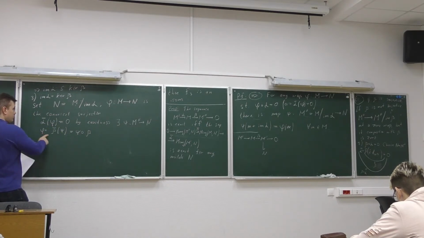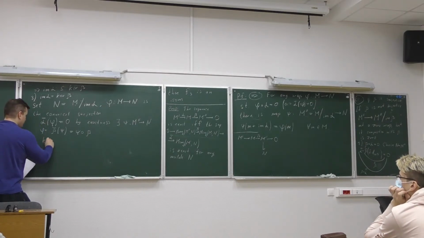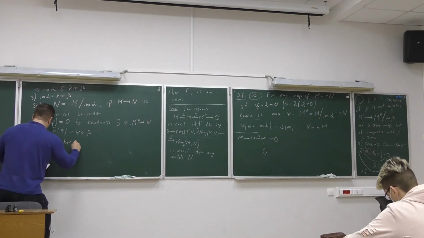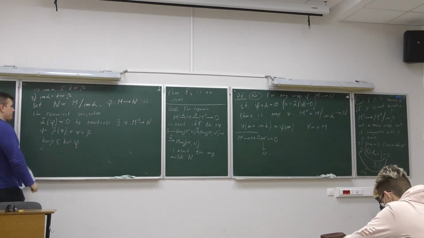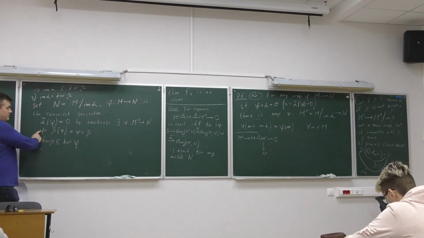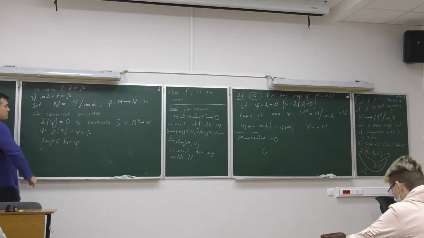Okay, now let's look at this identity. This identity is telling us that the kernel of beta is contained in the kernel of the map phi, right? Because it's just this composition. If I apply beta and get 0, and then apply psi, I get 0 here, so it's clearly in the kernel of phi.